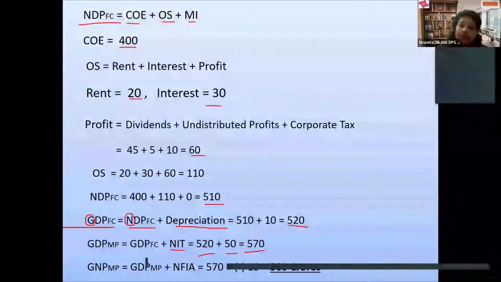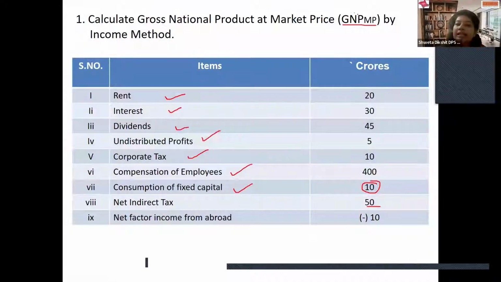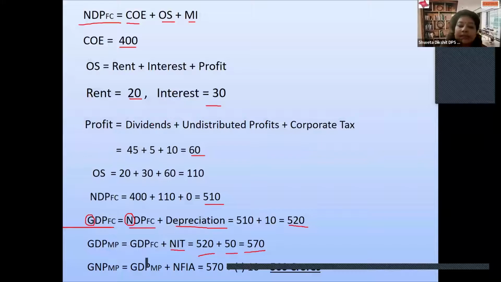Now, one more twist: in this question you have been asked about N, which is national. But what we have calculated so far is GDP at MP, that means domestic. So the other difference we need to find is between D and N. To convert domestic to national, we need NFIA. Is the NFIA value directly given in the question?